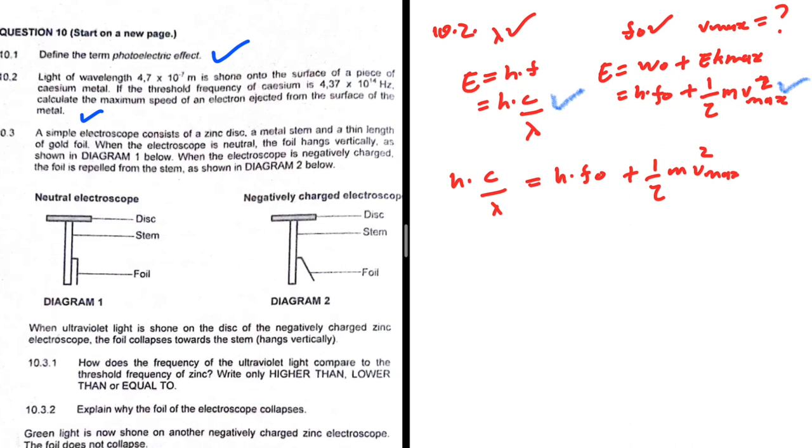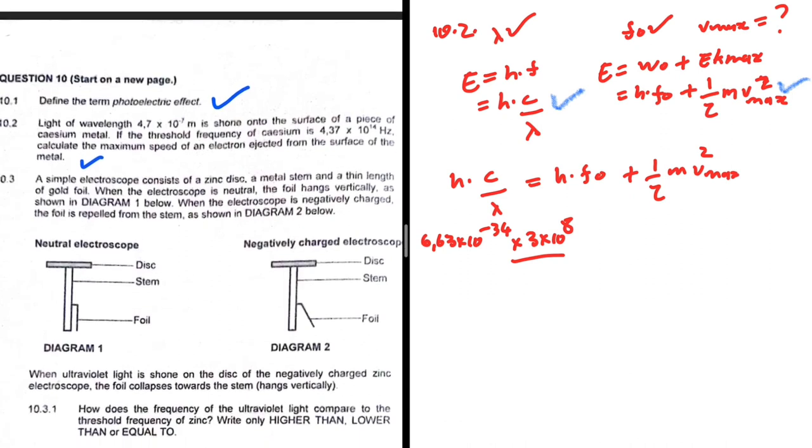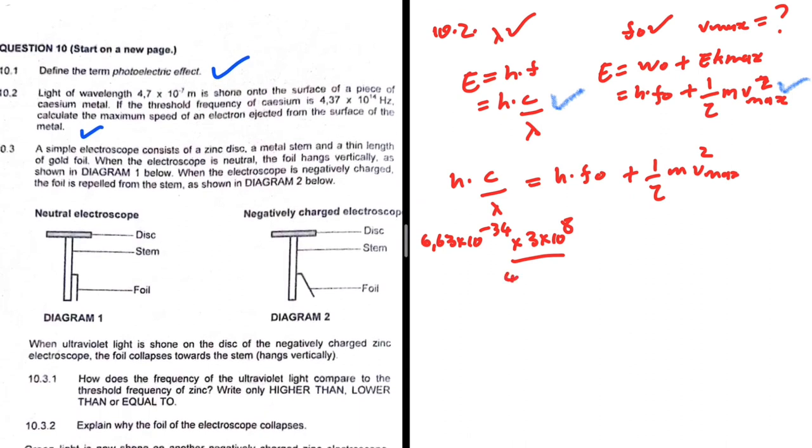Planck's constant is 6.63 times 10 to the minus 34, multiplied by the speed of light, which is 3 times 10 to the power 8, divided by the wavelength. The wavelength is 4.7 times 10 to the minus 7 meters.